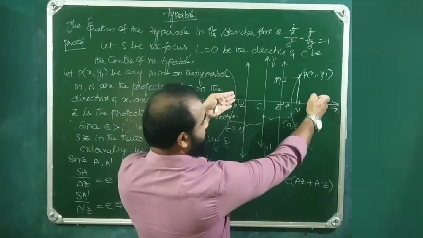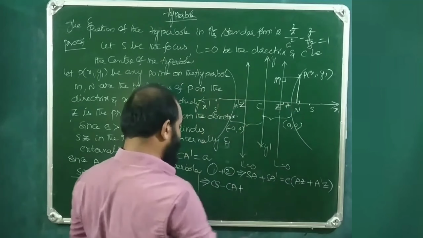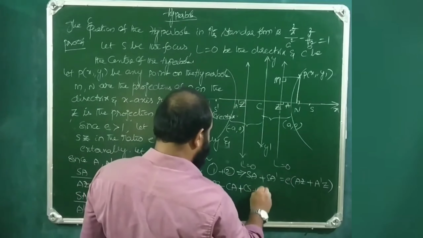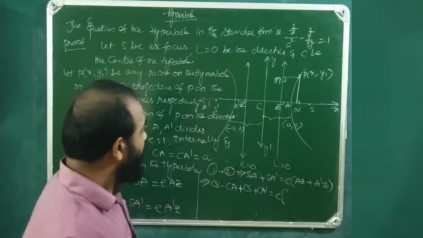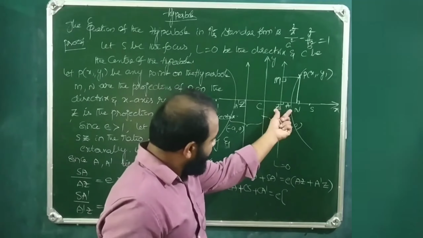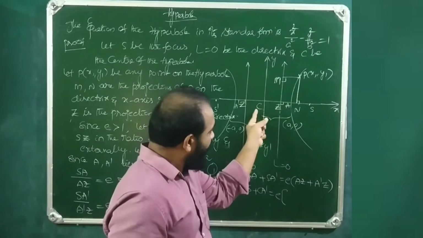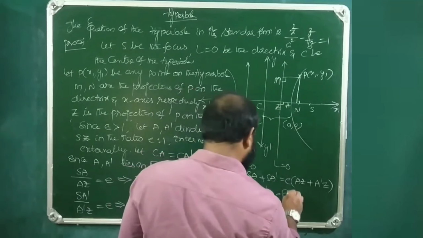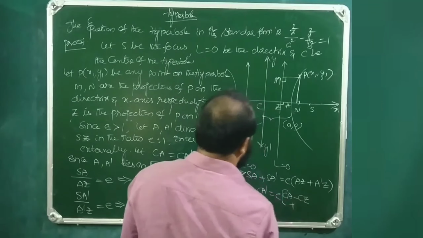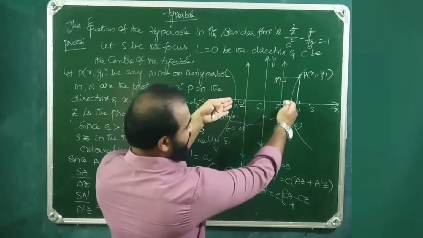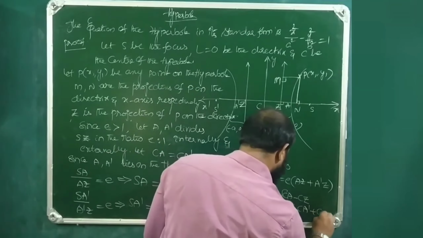CS plus CA dash is equal to E into AZ, which is again CA minus CZ, plus A dash Z. A dash Z is CA dash plus CZ.